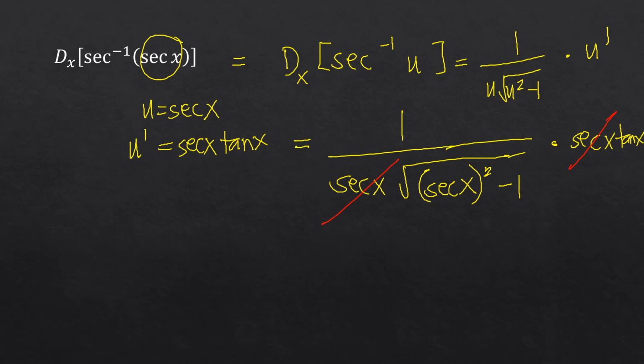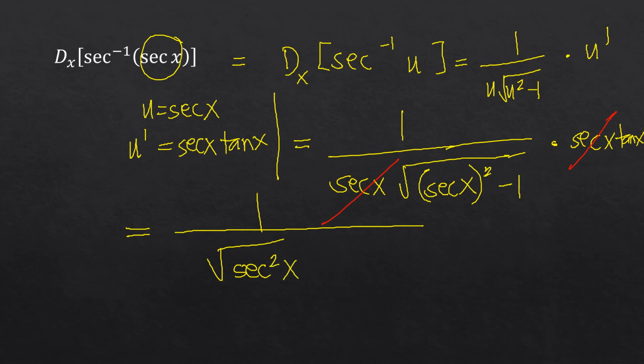Therefore, we can now have 1 over the square root of secant squared x minus 1 times tangent x.